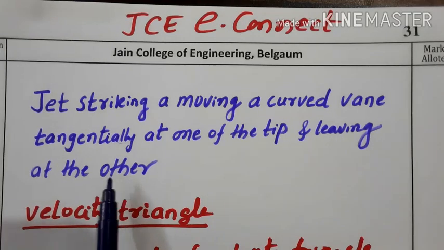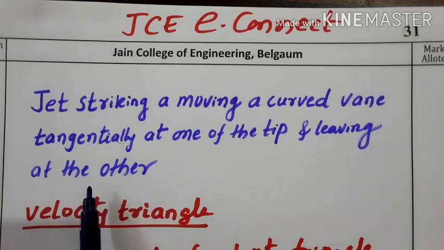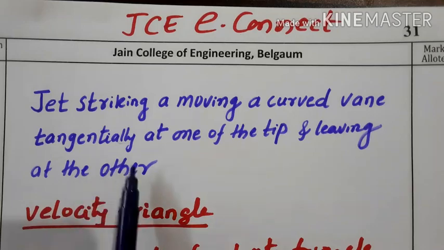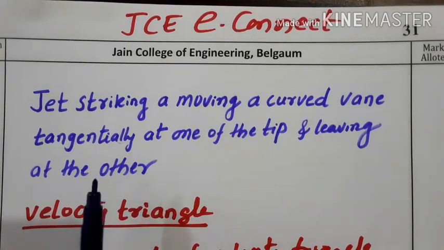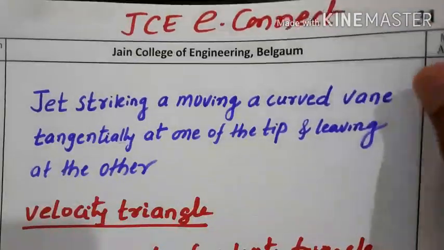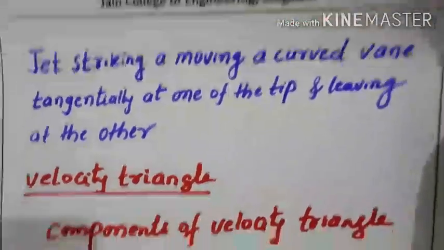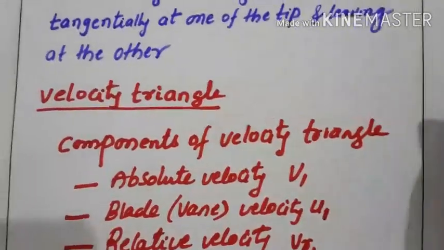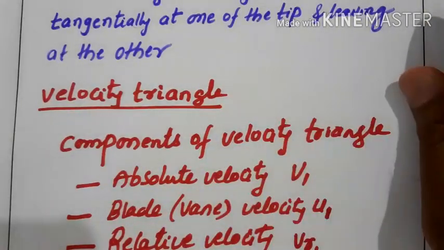Here the vane is considered unsymmetrical, and the jet is striking tangentially at one of the tips. This case is to be solved by using the velocity triangle concept.